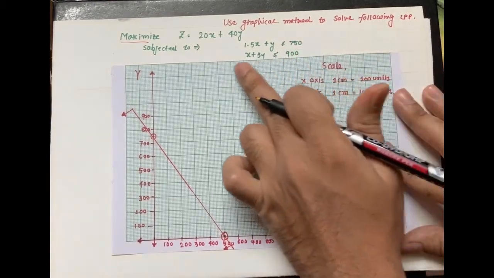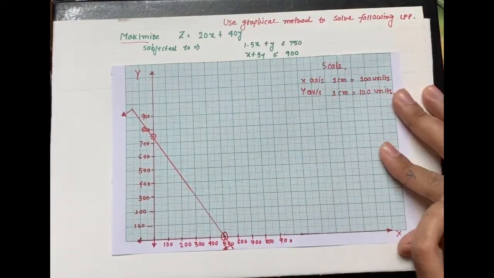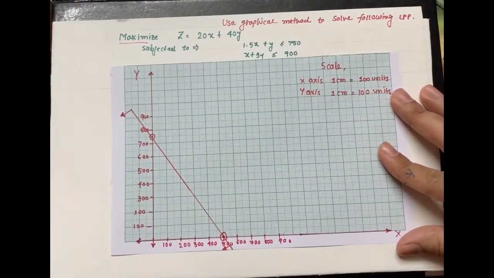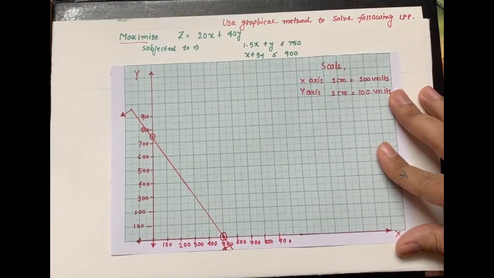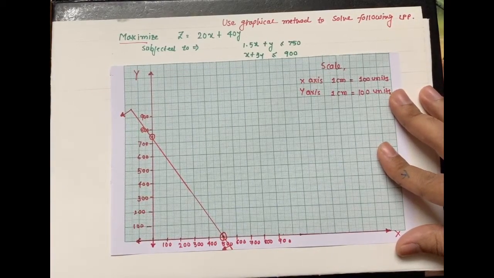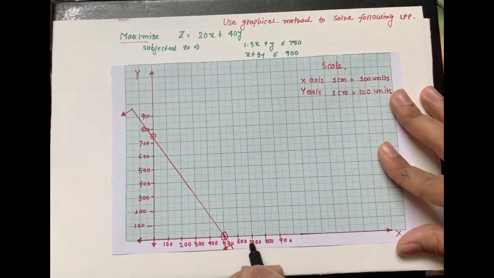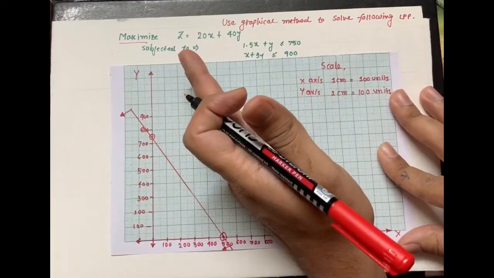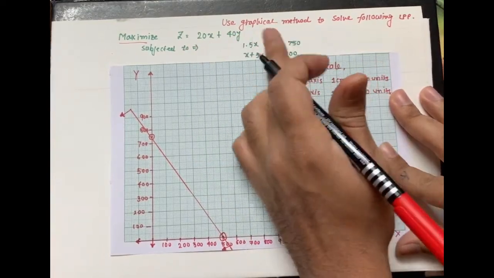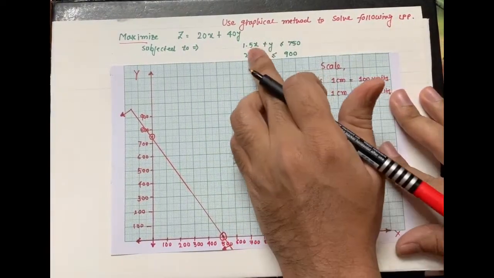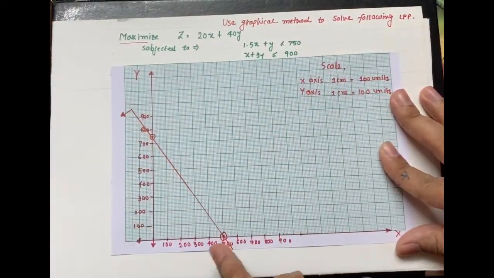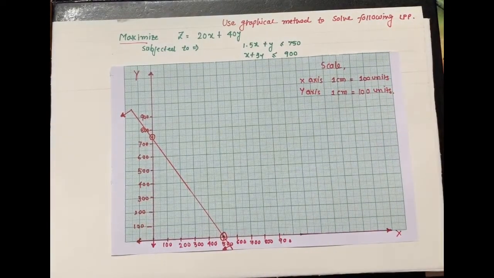If the equation given here is 1.5x plus y greater than or equals to 750, in that case I require to show an arrow in this direction. It shows the region above this particular line. You require to satisfy this constraint equation. However, here it is less than or equals to, hence I have drawn the arrows in this way.